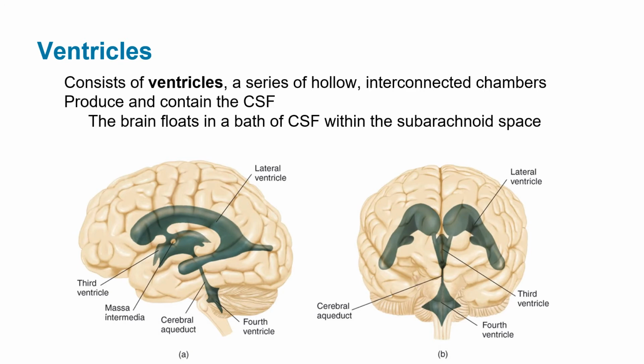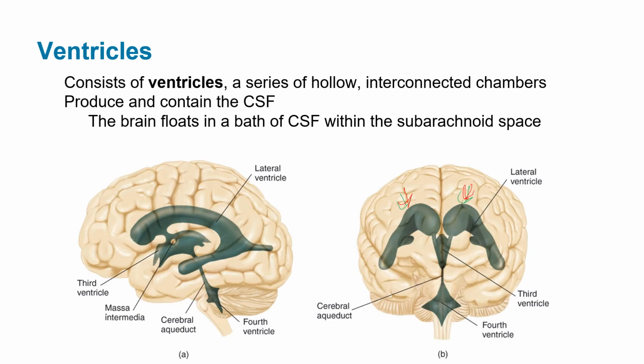You don't refer to them as the first and second, but they are. The first 2 ventricles are the lateral ventricles, and these are basically where all the cerebral spinal fluid is produced. You see them here and here.